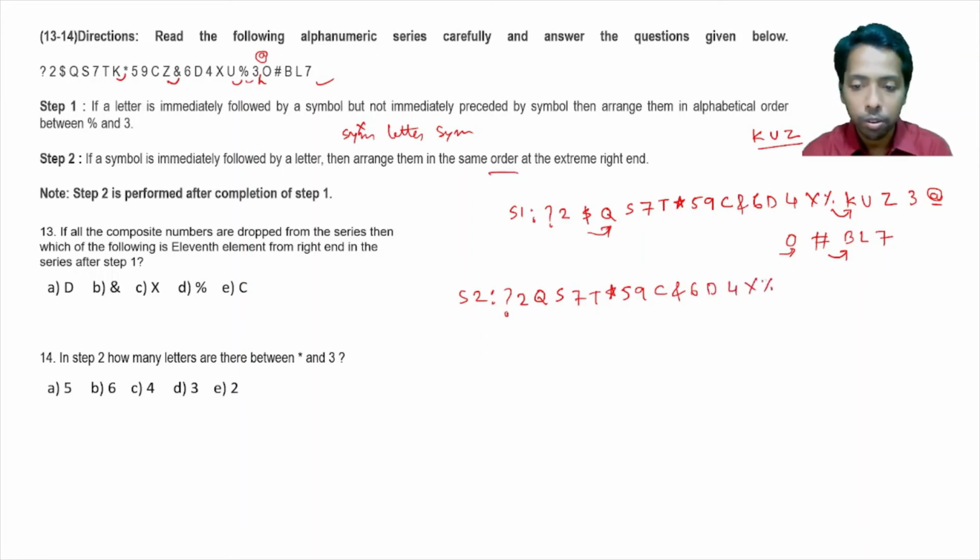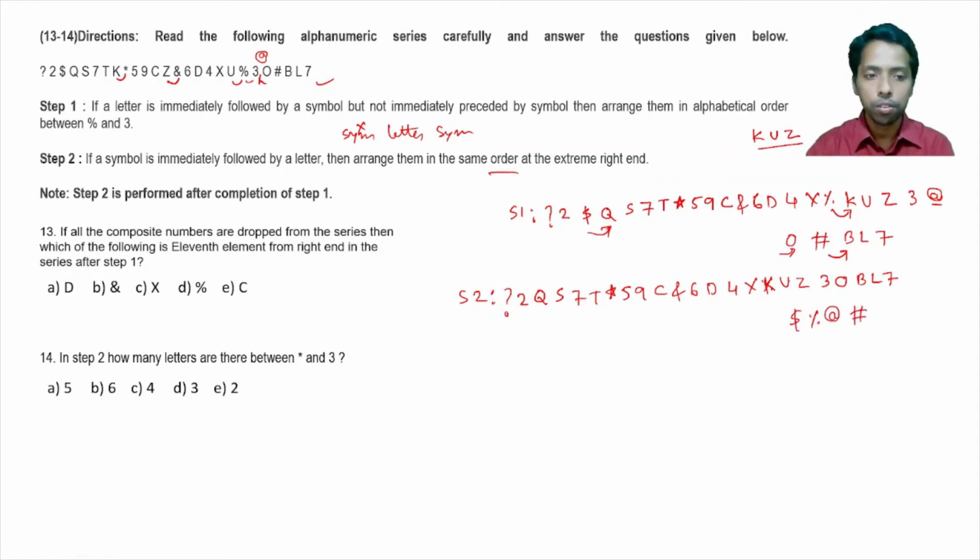Percentile will not be there, but K, U, Z, 3, O, B, L, 7, and then in whatever order it comes: dollar, percentile, at the rate, hash. Now solve the questions here.